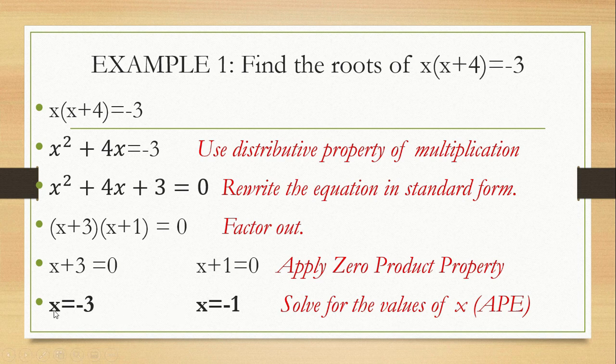Therefore, we have x equals negative 3, and the other one is x equals negative 1. This means that the roots are negative 3 and negative 1.